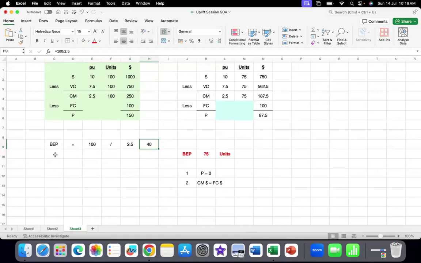So according to my formula, the answer is coming to 40 units, which should satisfy these two conditions. So let's check this out. What does a BEP point mean? That my profits are zero, that is correct, and my contribution margin should be equal to the fixed cost. So quickly I can just cross verify this answer immediately. Cool.